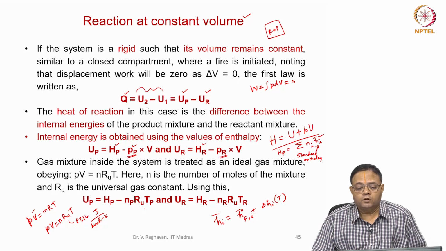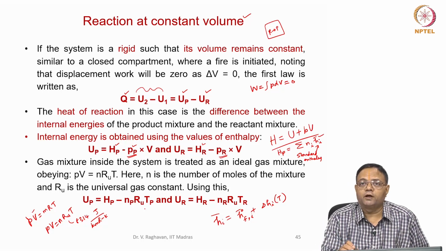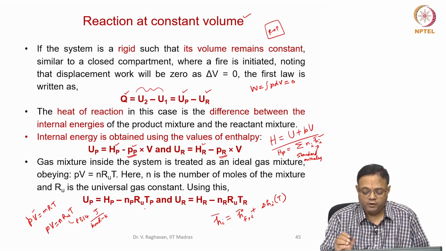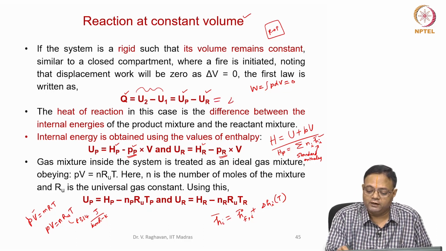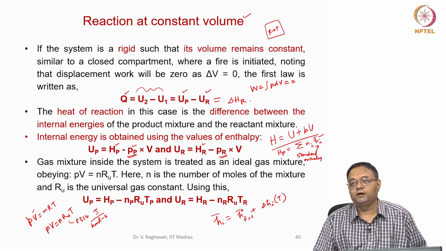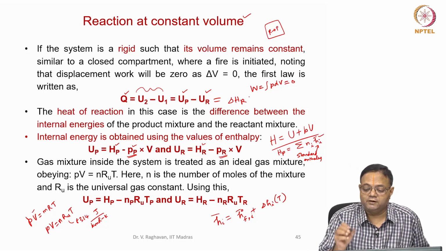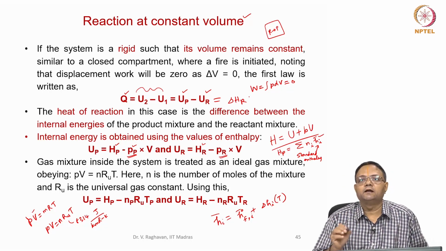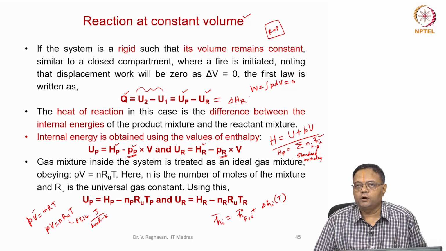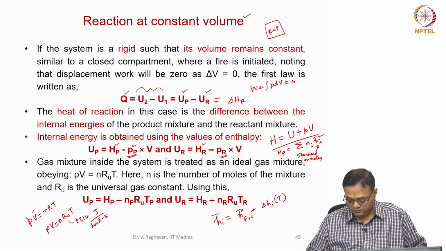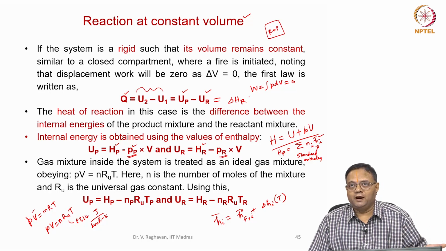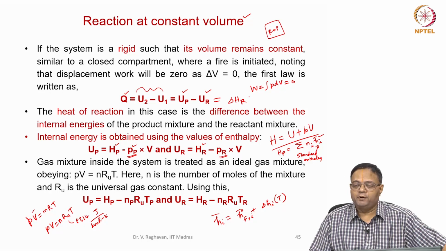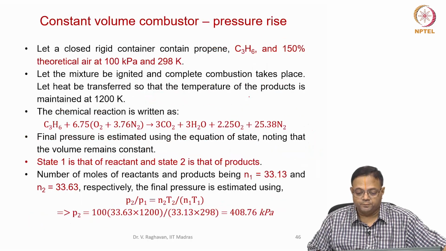So in the constant volume case, there is no work interaction, and the internal energy change contributes to ΔHr. The heat of reaction is nothing but the change in the internal energy, the internal energy of the products minus the internal energy of the reactants. In the case of constant pressure reaction, it is Hp minus Hr, that is the change in the enthalpy.